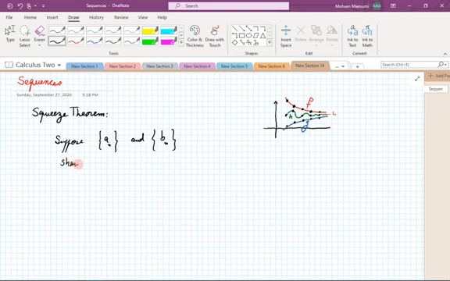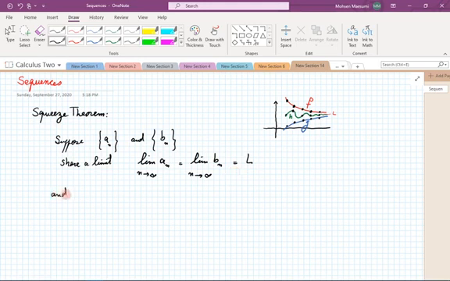Suppose these two sequences share a limit, in the sense that the limit of a_n as n goes to infinity is the same as the limit of b_n as n goes to infinity, and both of them are equal to L.